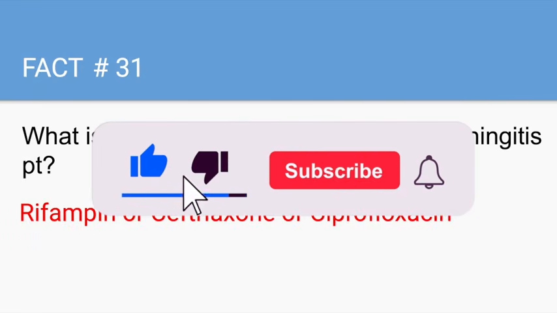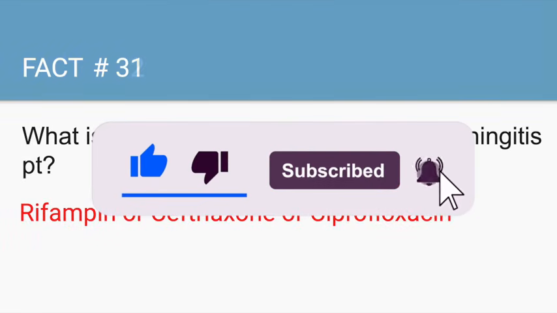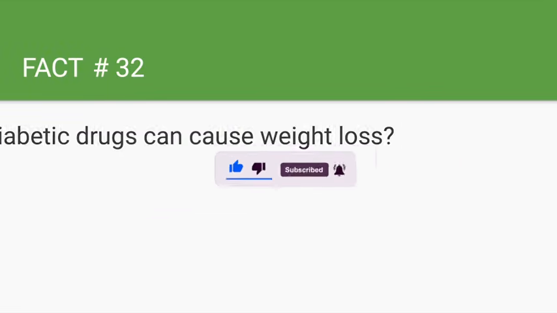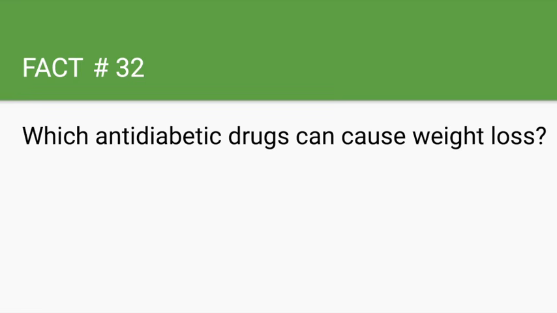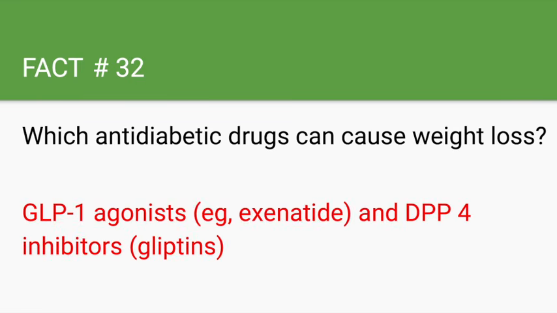Which antidiabetic drugs can cause weight loss? GLP-1 agonists such as exenatide, and DPP4 inhibitors such as the gliptins.